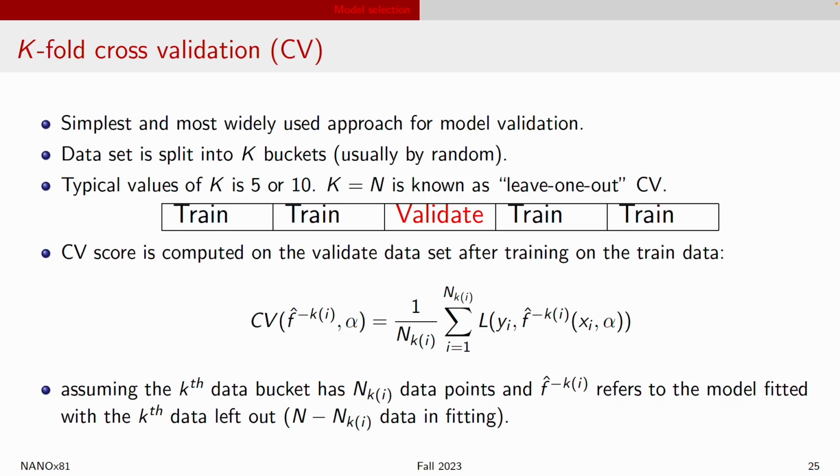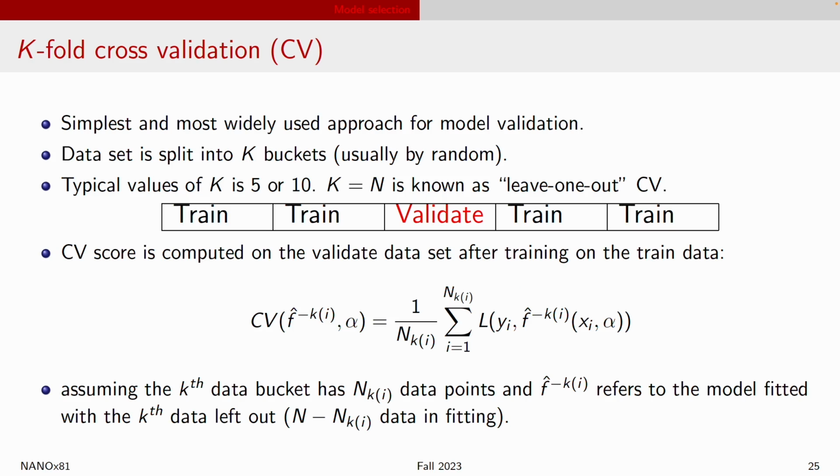Each time I'm going to select, first I'm going to select this one as my validation data, then I'm going to select the next bucket as my validation data, then the next bucket, and the next bucket, and the next bucket. And then I'm going to have 5 different models fitted and 5 different validation errors. And then I'm going to take the average of all the validation errors, and that's basically my cross-validation score, okay?